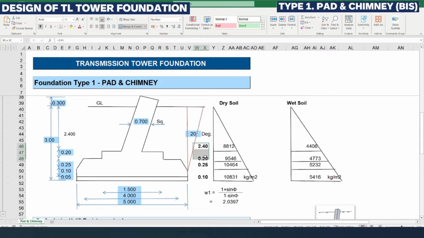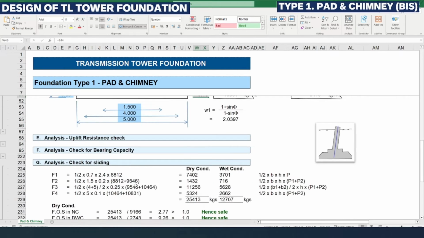So here we are marking various levels according to the pressure diagram. So 0.2 is the drop thickness, and 0.25 is the trapezoidal thickness of the base slab, and 0.1 is the flat or vertical thickness of the base slab.